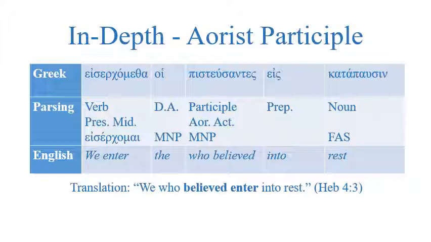Remembering that the aorist participle comes before our main verb, we can translate it as we who believed enter into rest. And the important thing here is that the English translation is somewhat ambiguous. But in Greek, it's very clear. The aorist means that this action of believing happened entirely in the past and was done before the entering.